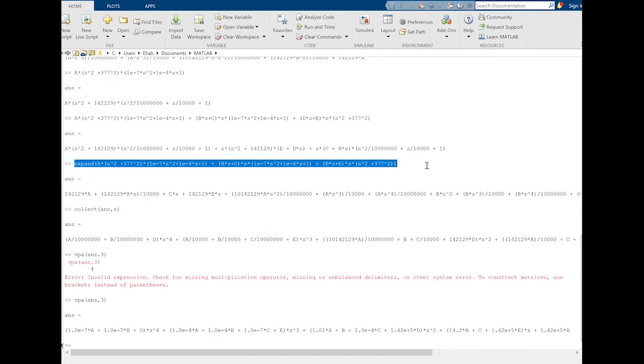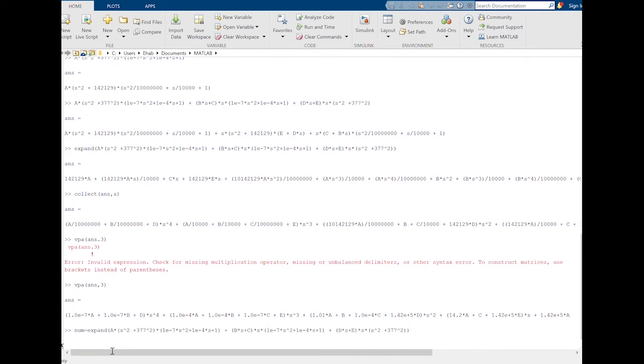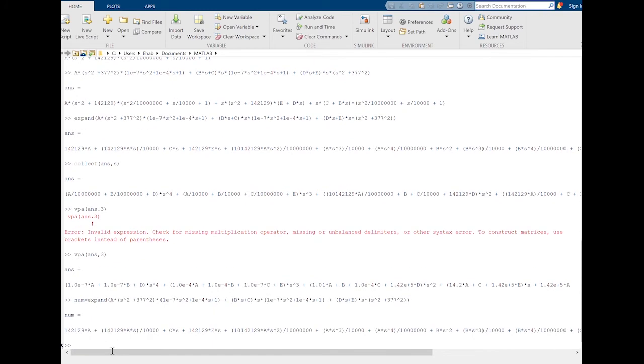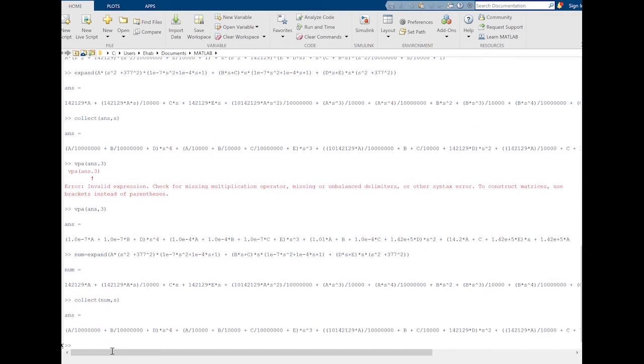So expand. Right, so the numerator is just this expression we said, and then we can take this and collect s.